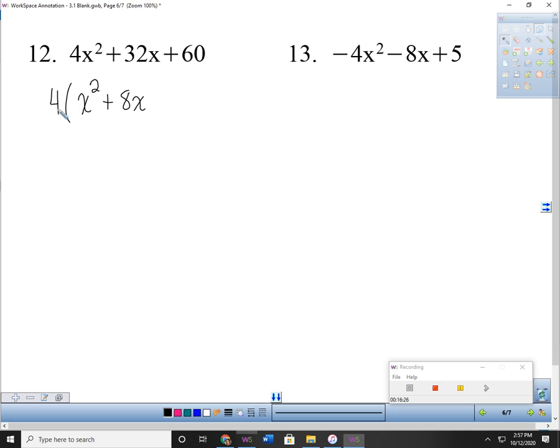And 60 divided by 4 is 15, right? Now what that did for us, number 1, it cut all of our numbers down, right? And number 2, we no longer have a number in front of our x squared, correct? So when I factor it, I don't have to worry about multiplying.